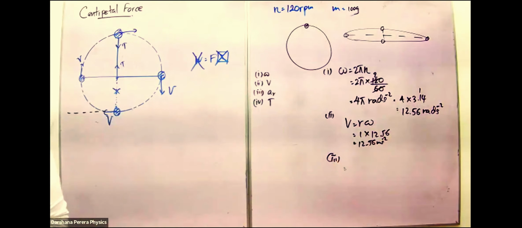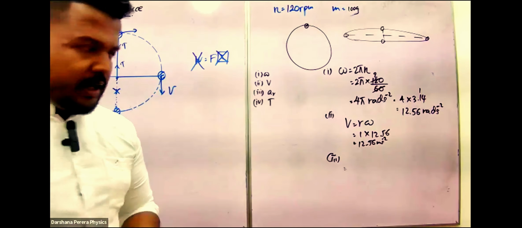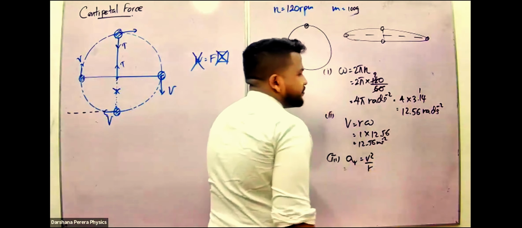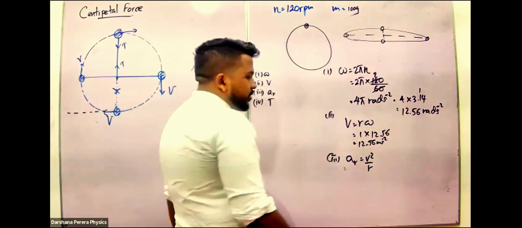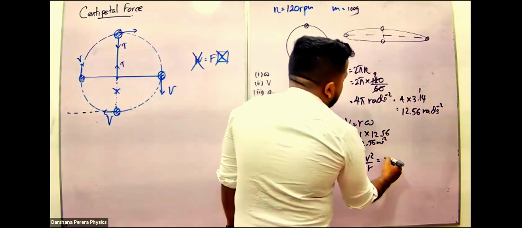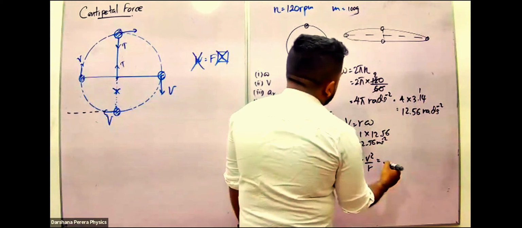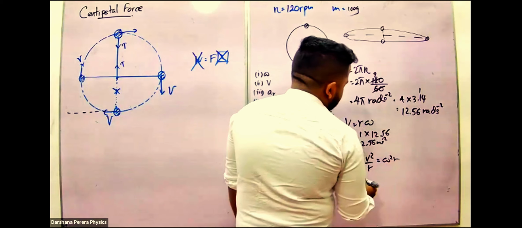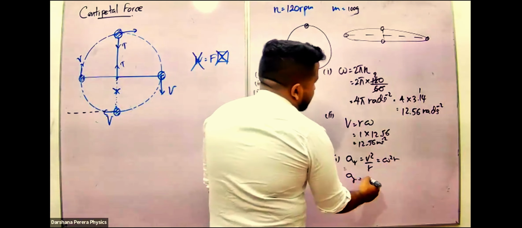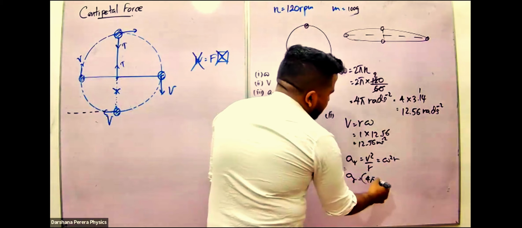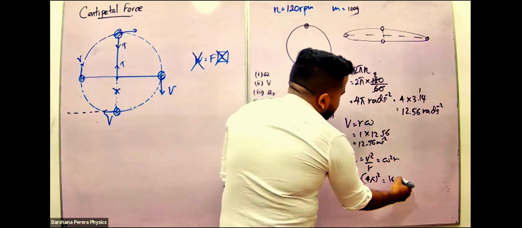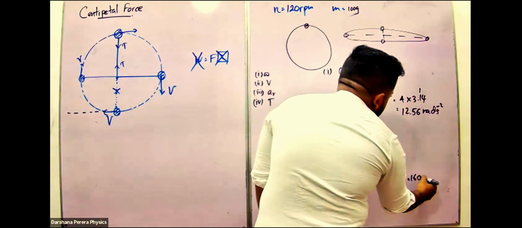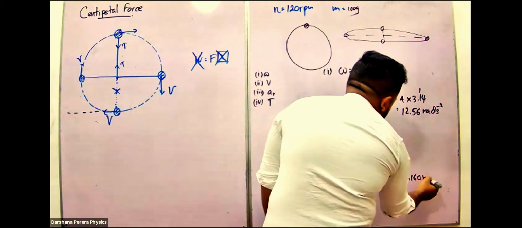Number three, what is a_r? a_r equals v squared over r, or we can use omega squared r. a_r equals 4 pi squared, that means 16 pi squared, which is near 160 m s^-2.